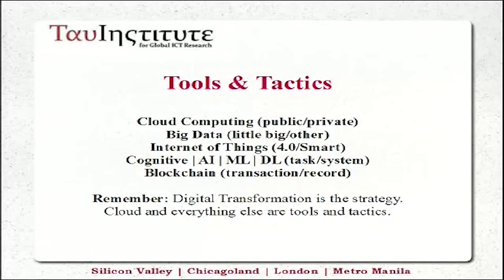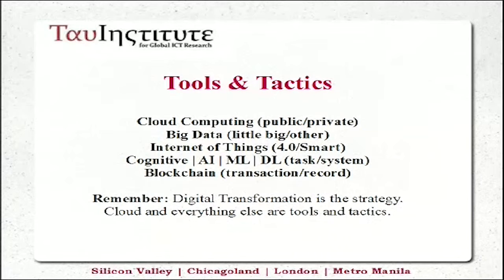We have to remember that digital transformation is a strategy, and cloud and everything else are tools and tactics. You may have a cloud strategy in terms of, should we go public, should we go private, should we go hybrid? But at the end of the day, the cloud is just a tool. It's not going to bring about transformation on its own.